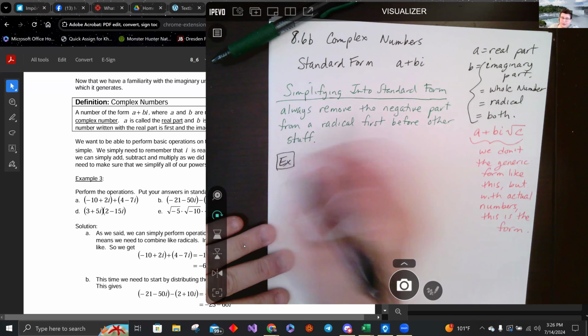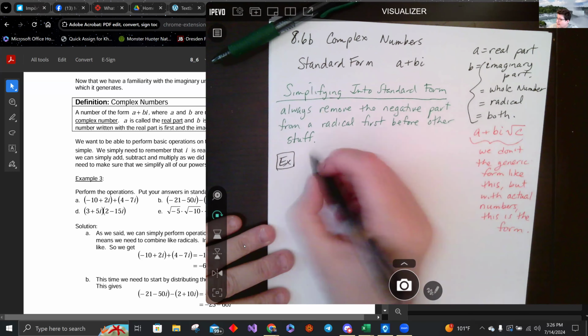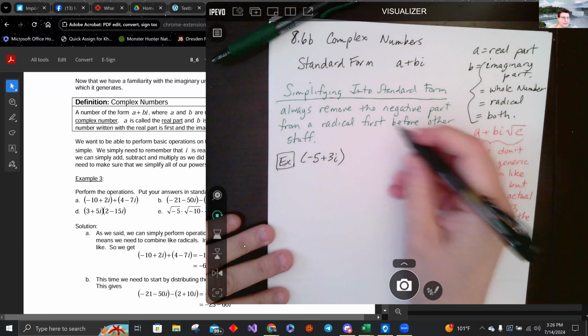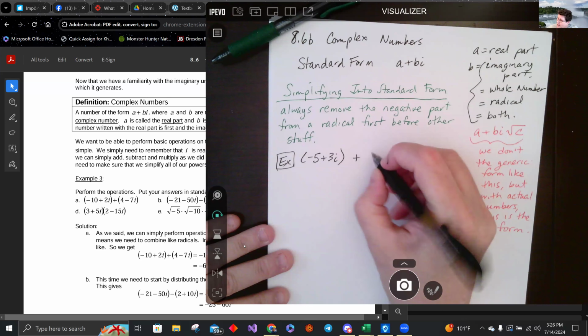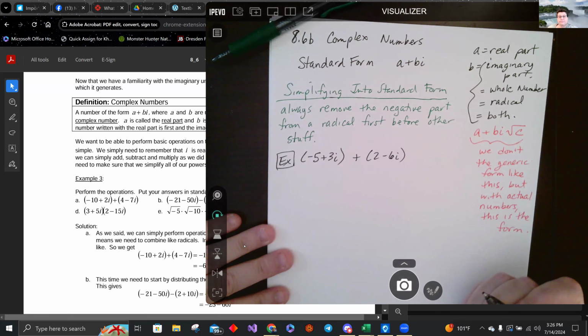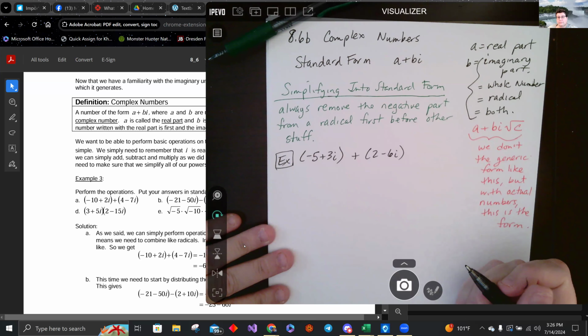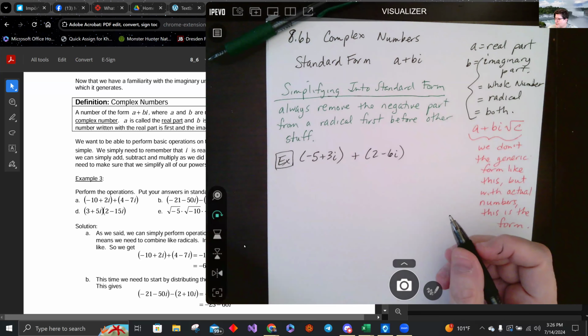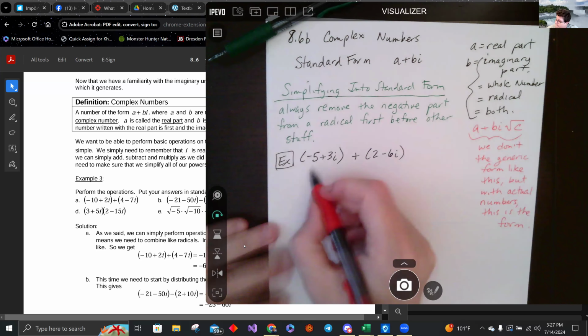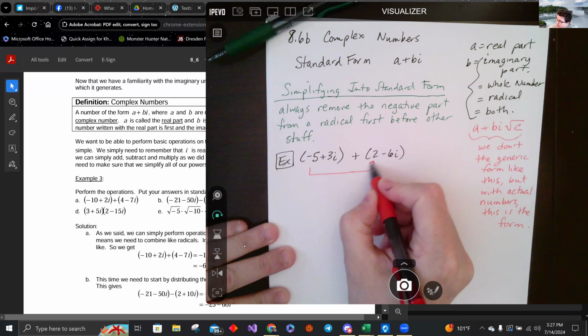Example, well, we can do addition and subtraction with these. Let's say our first complex number is -5 plus 3i, and our second complex number is 2 minus 6i, and we're adding these two together. With adding or subtracting, the reals go together and the imaginaries go together.